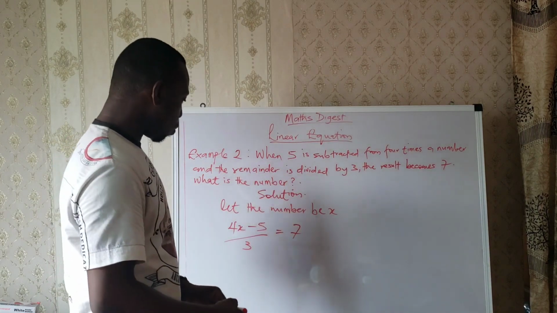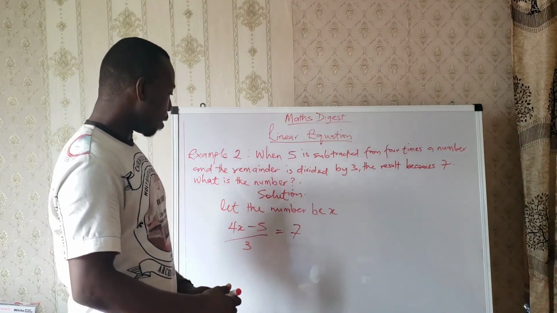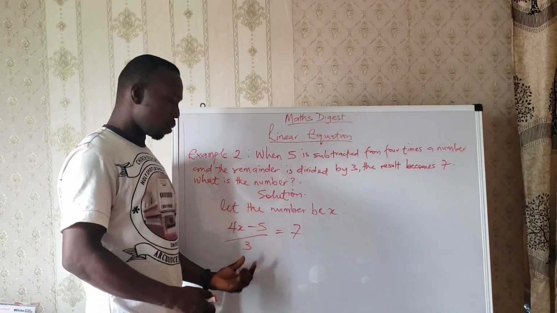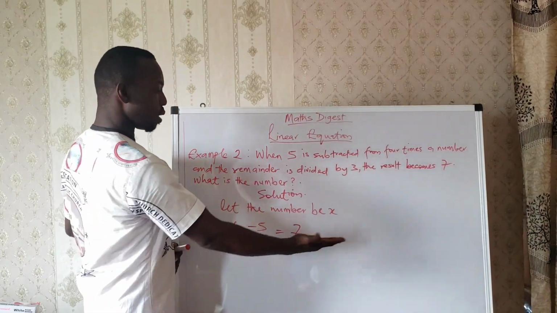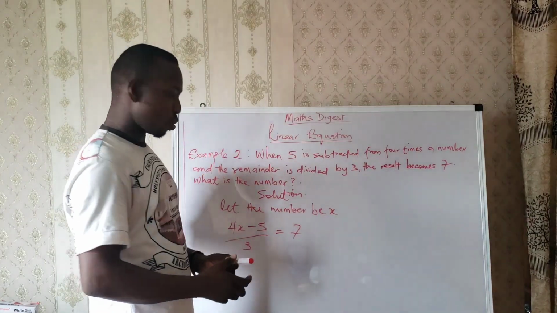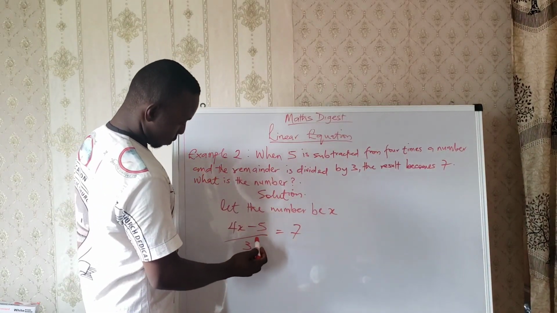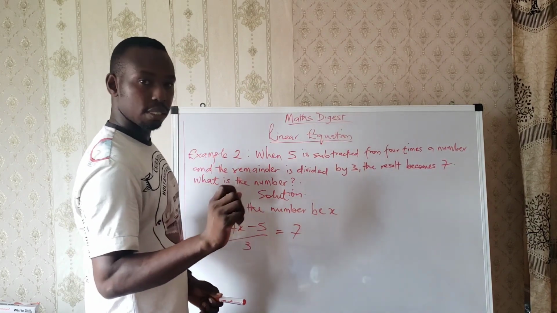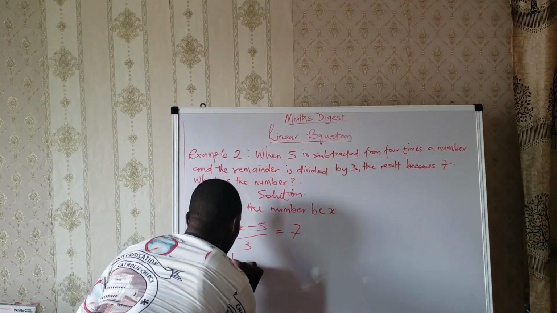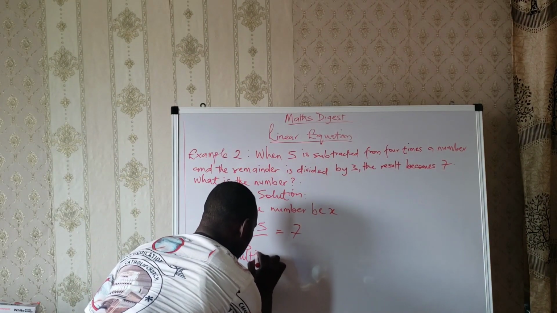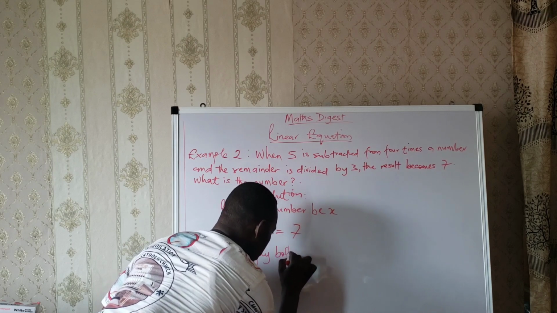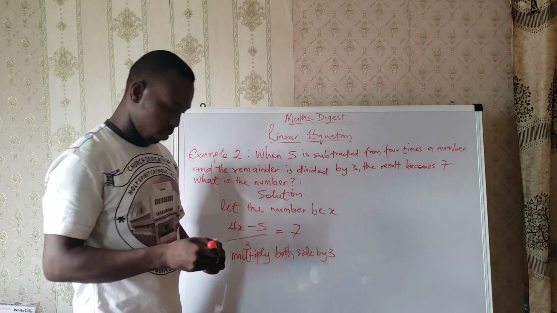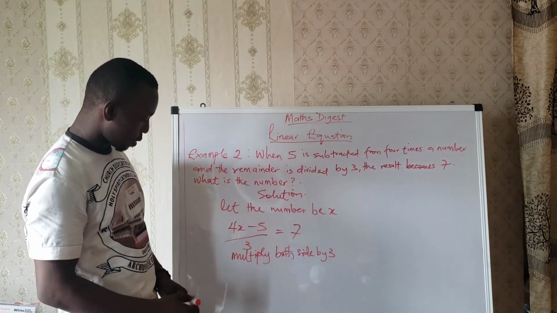From this now we are going to quickly multiply both sides by 3, because we want to reduce this to a level equation, so that this 3 will disappear from here. So what we do is we say multiply both sides by 3.